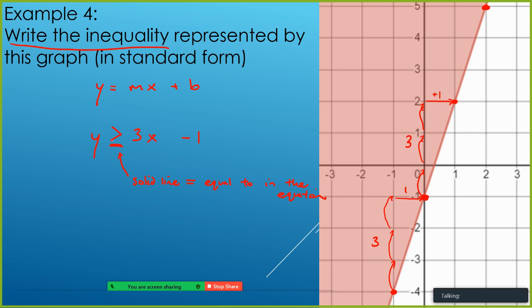I have a question. Please, go ahead. So you said that it's a solid symbol because it's a solid line. Can you explain that? Like, how is it a solid line? Yeah, because looking at the graph they gave us, it's pretty clear to see the red and the white.